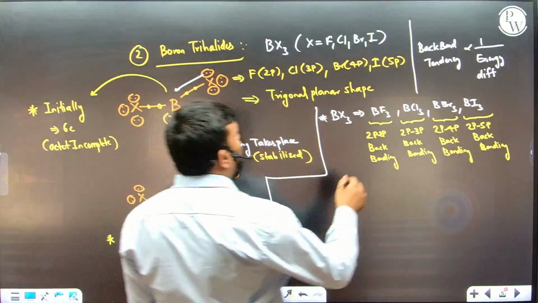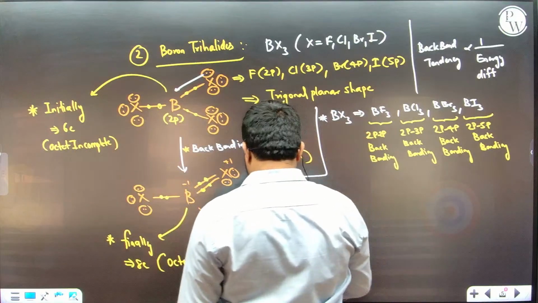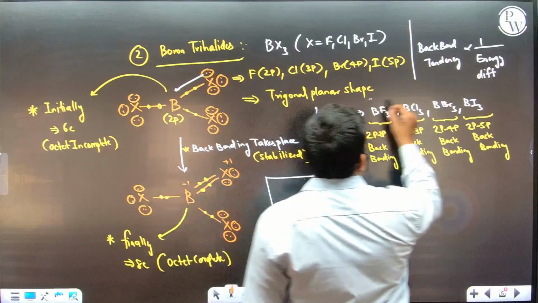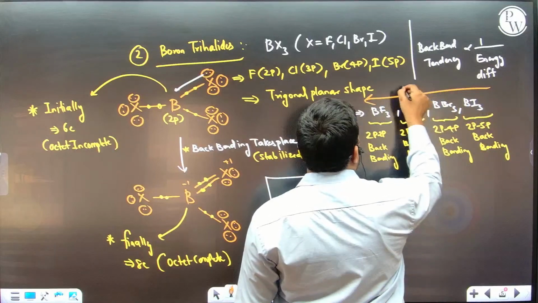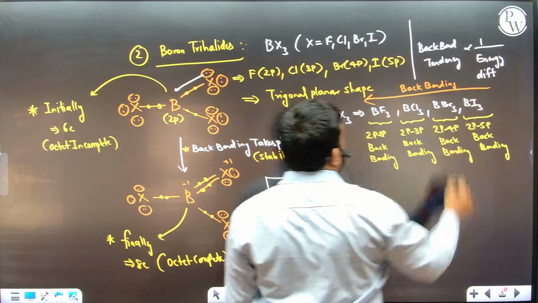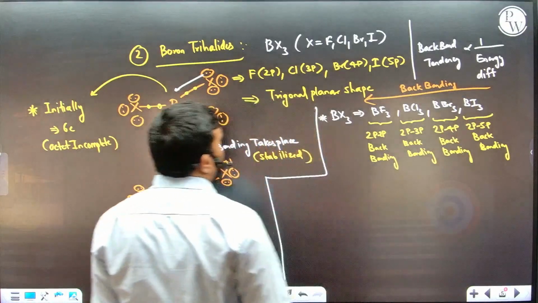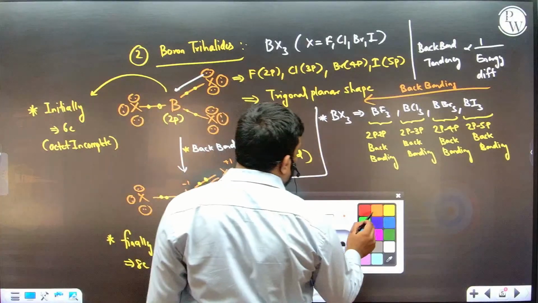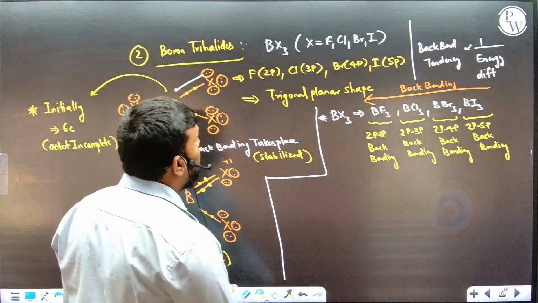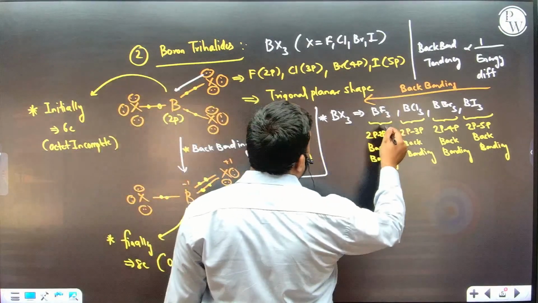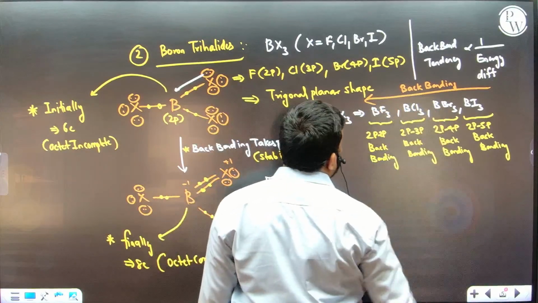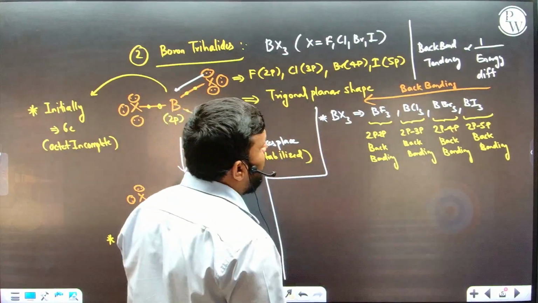So back bonding will be best in the case of BF3, then BCl3, then BBr3, then BI3. This is a very important point. They are asking questions about this. We will see all the questions together. So we studied that the back bonding tendency is: BF3 is more than BCl3, more than BBr3, more than BI3.